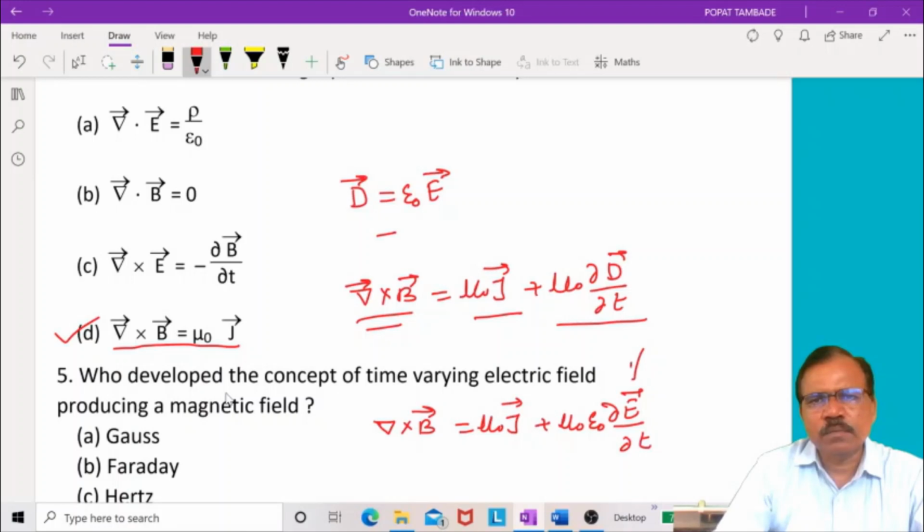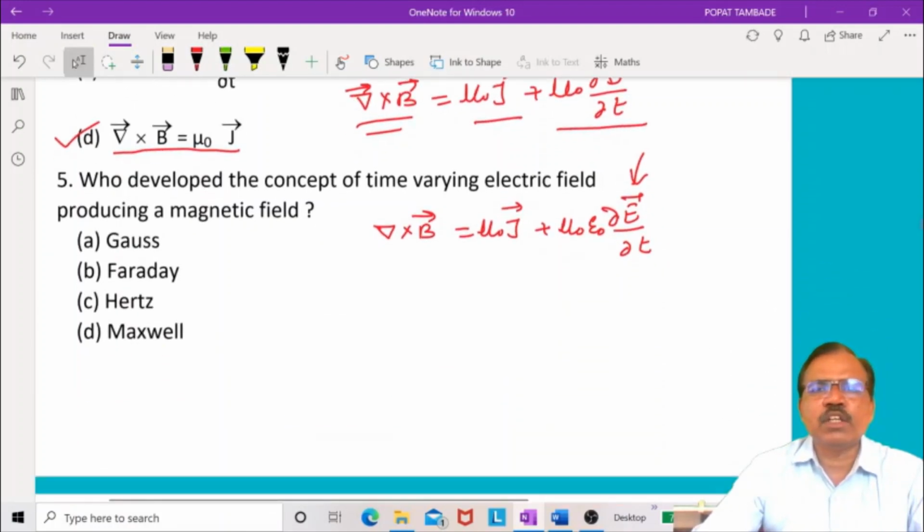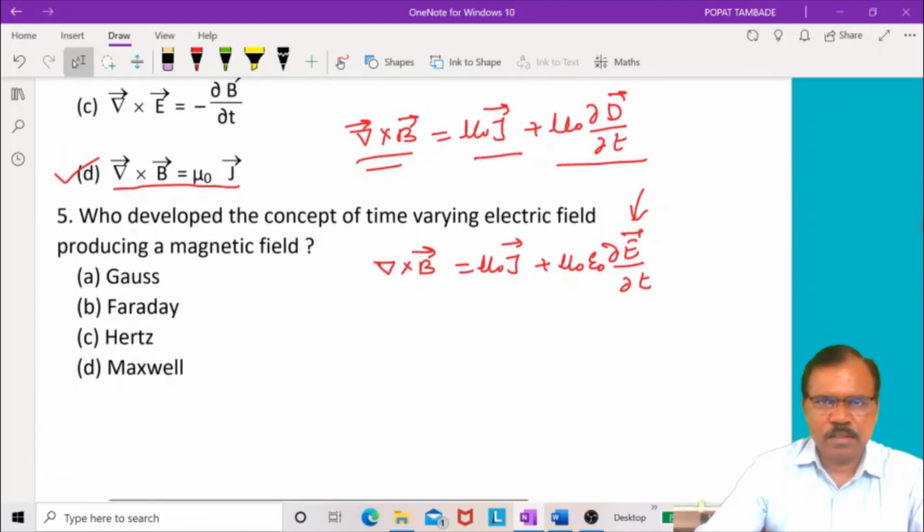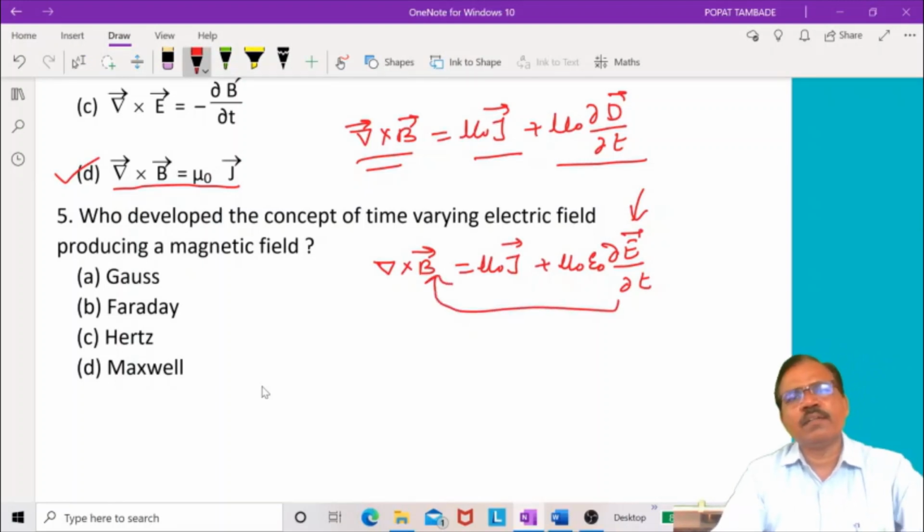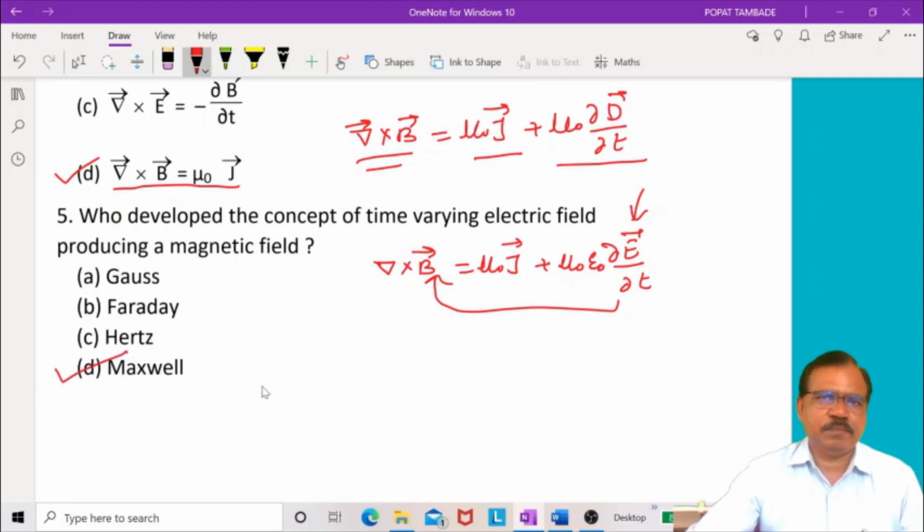Now this term gives you the time variation of electric field. So time variation of electric field is related to magnetic field. That's why the concept of time varying electric field producing a magnetic field is given by Maxwell.